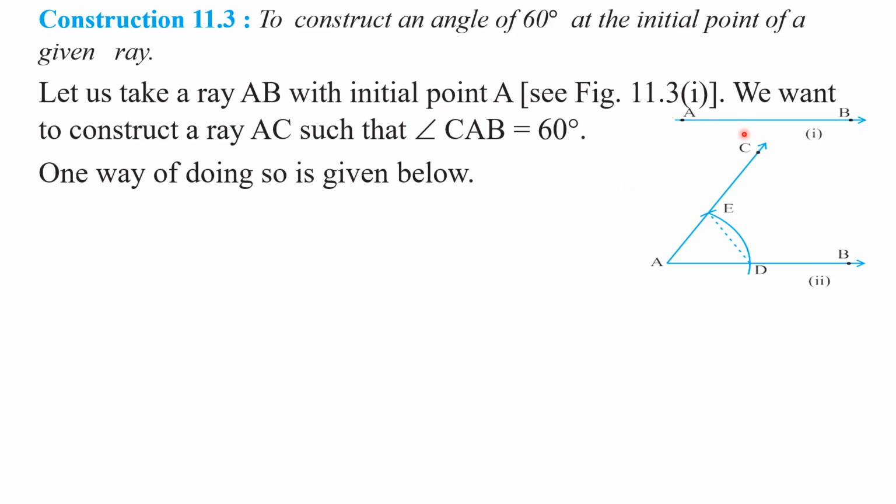Here observe figure 11.31. Two figures are given, 11.31 and 11.32. First a ray AB is given. At this initial point we have to construct an angle of 60 degrees.